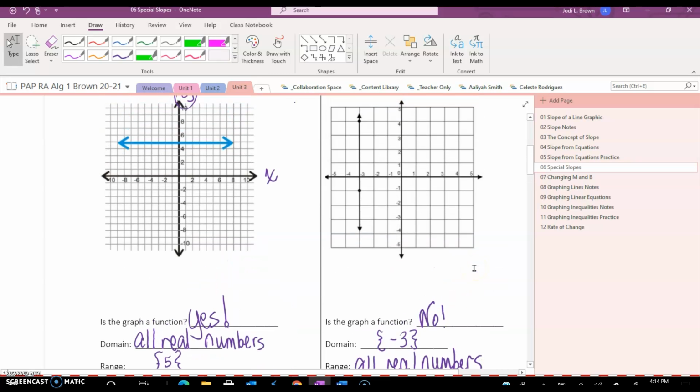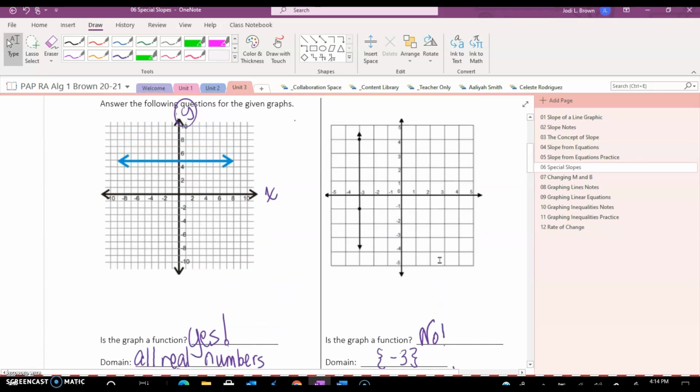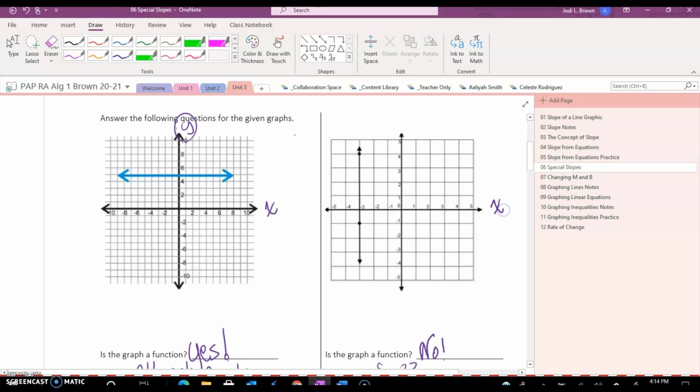Okay, and then if we have a graph that is a vertical line, our slope is going to be undefined. The axis that the graph intersects, this is our x-axis, this is our y-axis, it intersects the x-axis.